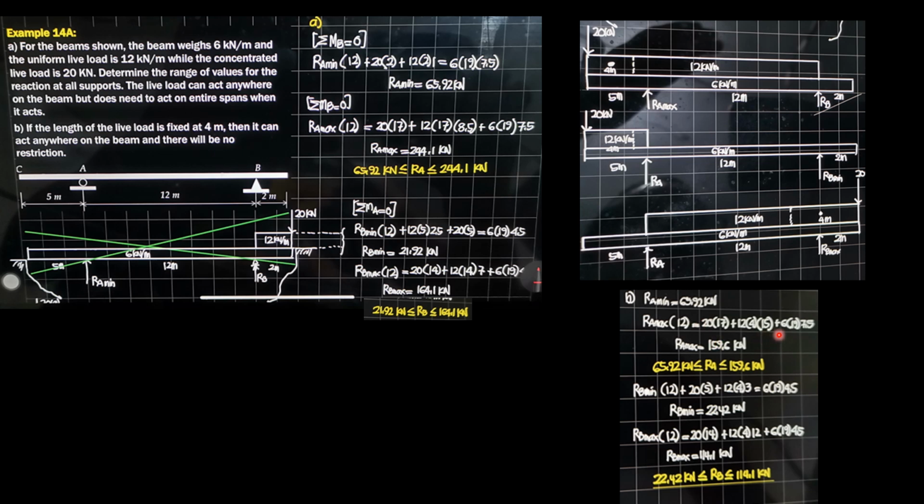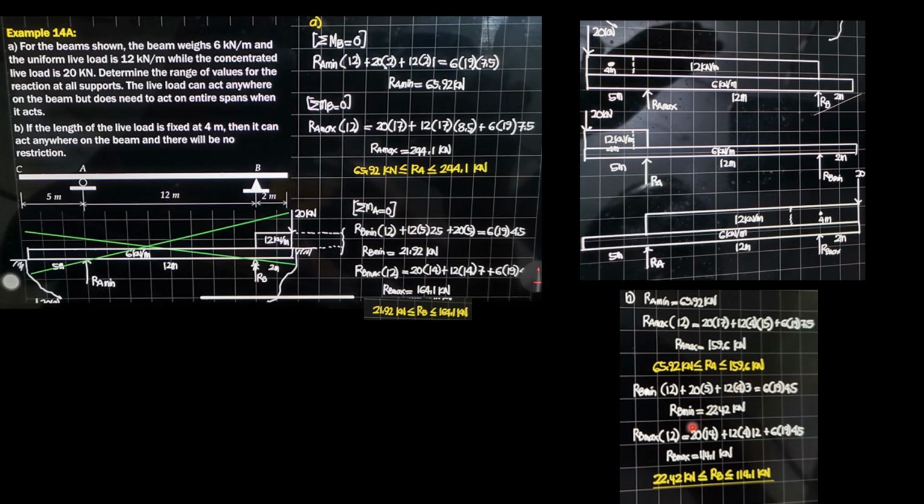Then plus moment of the dead load 6 times 19 times 7.5, just like before. 7.5 is 9.5 minus 2. So RA max is 159.6 kilonewtons, and therefore this is now the force envelope for part B for RA, and in this condition B, 65.92 kilonewtons is less than or equal to RA, less than or equal to 159.6 kilonewtons.